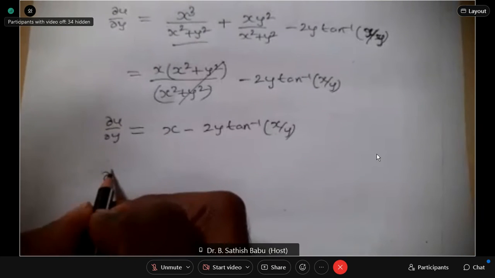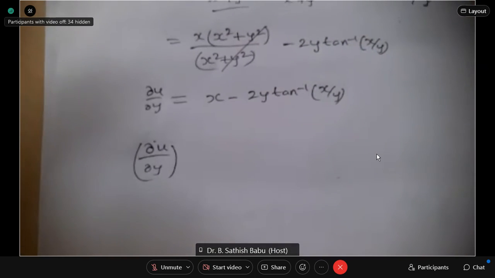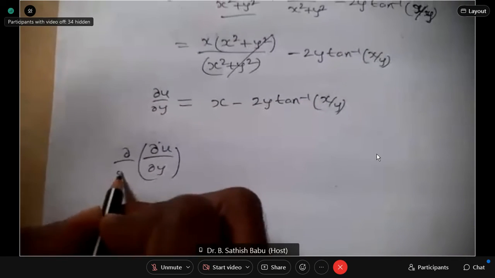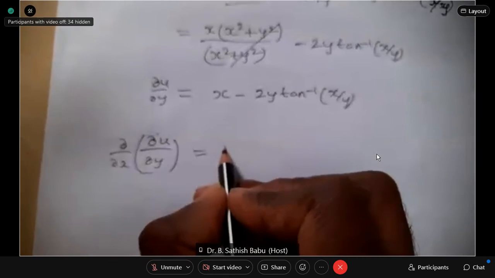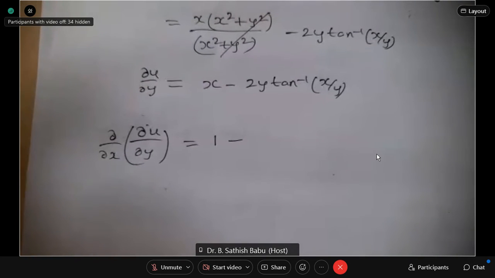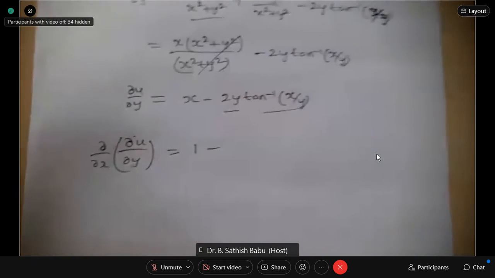Now, if I differentiate this dou u by dou y with respect to which variable? X. So what is the first term's differentiation? 1, right? Do you want me to use product rule for the next term?